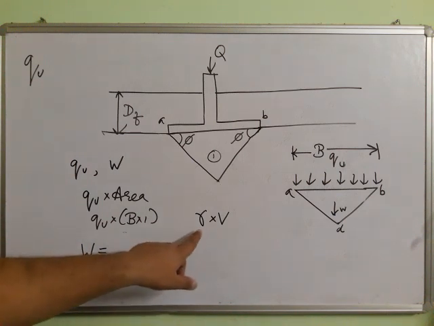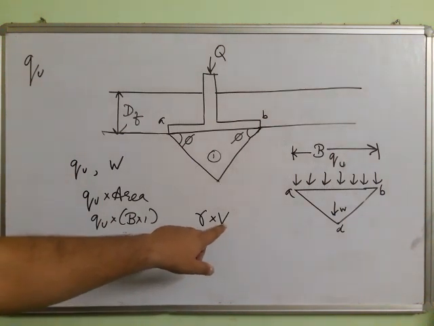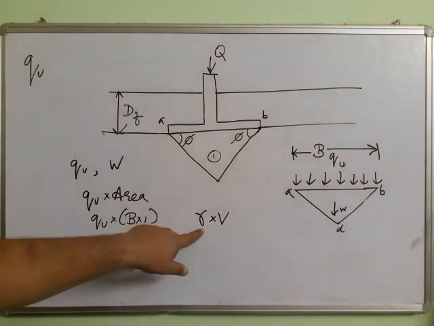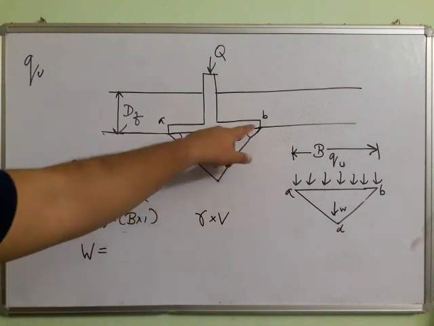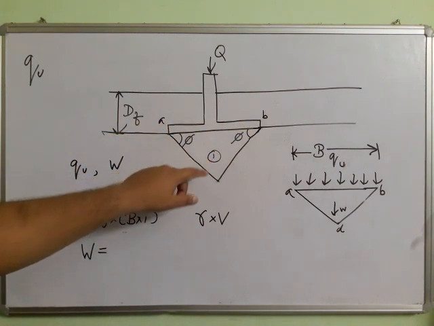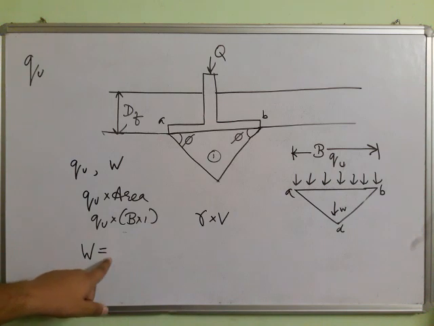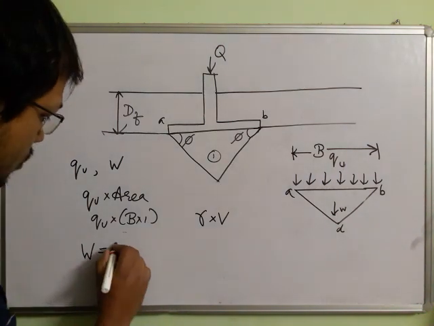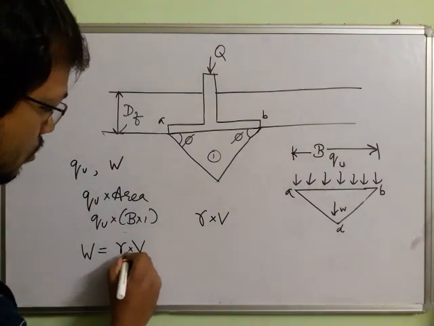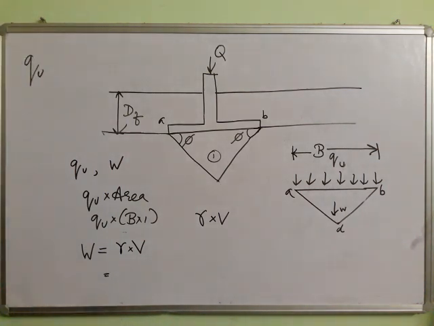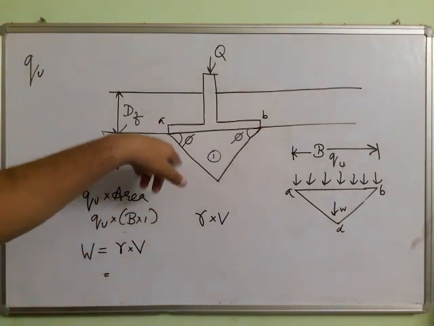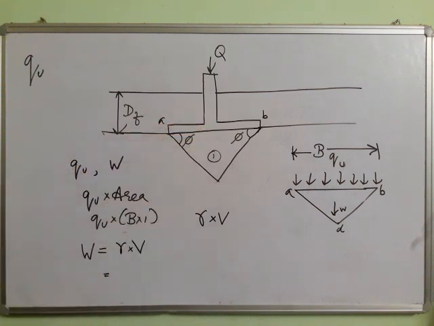If we can find out the unit weight, suppose the unit weight is considered as gamma, and the volume, then multiplying them we can find out the weight, isn't it? So volume will be area into thickness. The thickness we have considered as unit. Now the area, how will we get?